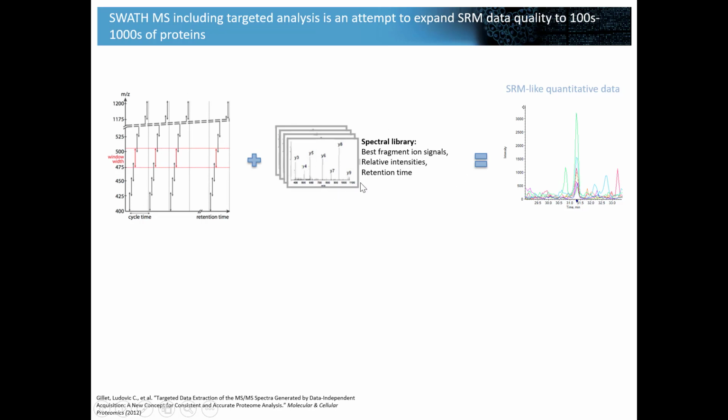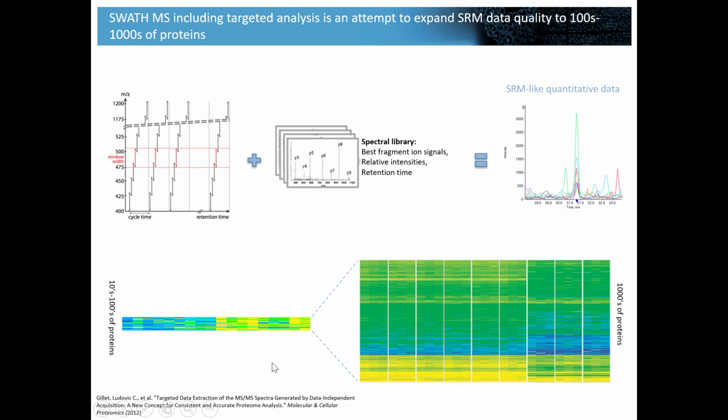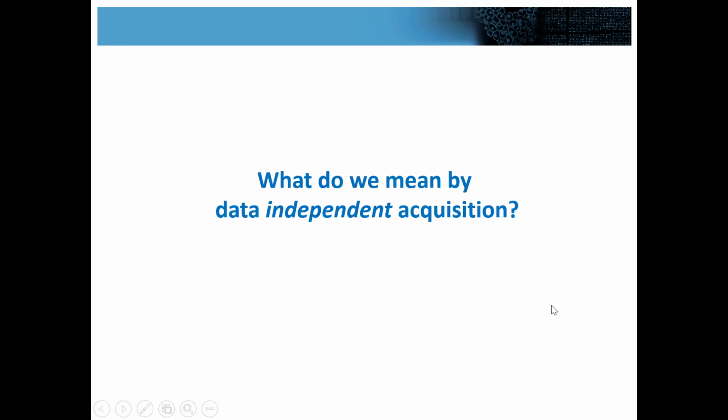And the idea was that by combining these two things together, we could get back to something which is SRM-like quantitative data. So the goal was to go from this type of matrix, which is the SRM type of matrix, to this type of matrix, which is hopefully what the DIA matrix should look like, and what you've seen in Rudy's talk already.